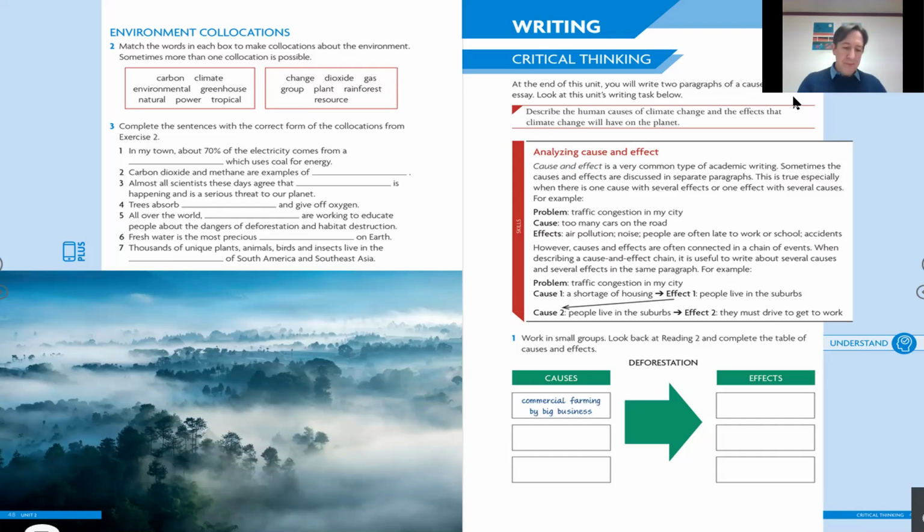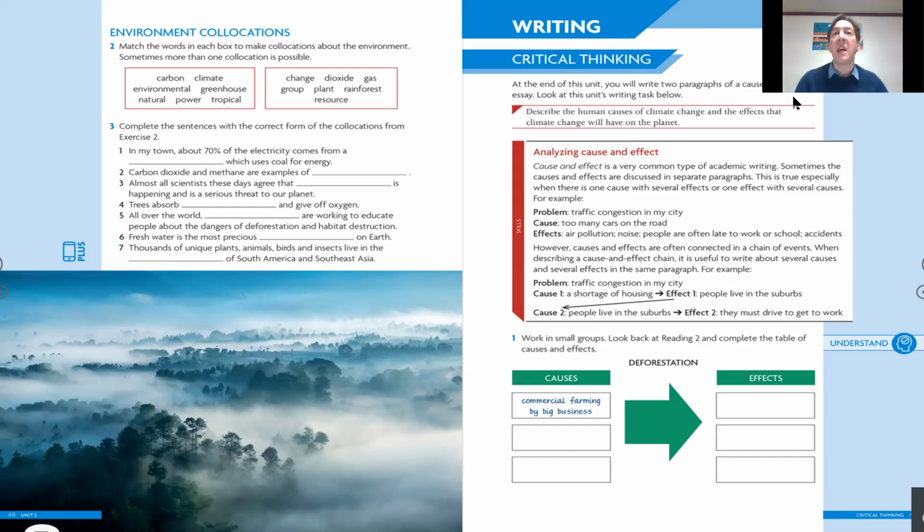Okay, let's do it. So in number 1, in my town, about 70% of the electricity comes from a power plant, which uses coal for energy. Number 2, carbon dioxide and methane are examples of greenhouse gases.